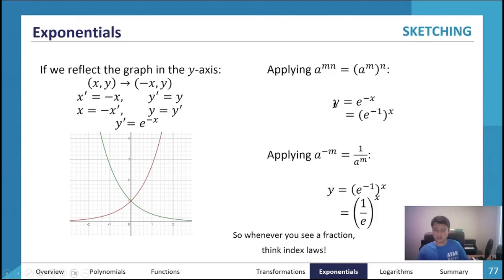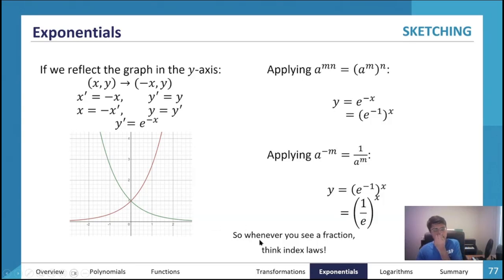Taking our expression y equals e to the negative x, we can separate it into e to the negative 1, to the x. Then we can apply the second index law here to change e to the negative 1 to 1 over e. So actually what this green graph is, while it is still the graph of e to the negative x, it's actually the graph of 1 over e, to the x.